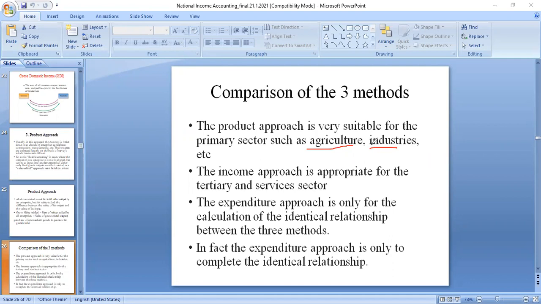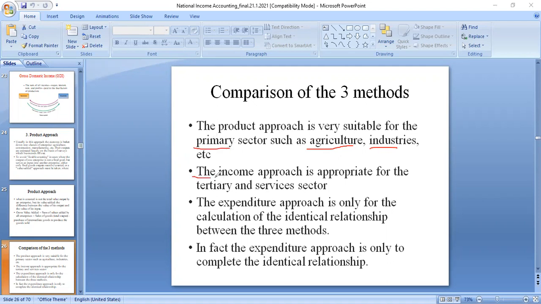So the value added basically would be that amount. For example, from milk to ice cream, what is that value added? It will be the difference between the price of the two, right? So the value added approach or the product approach is for the primary sector.